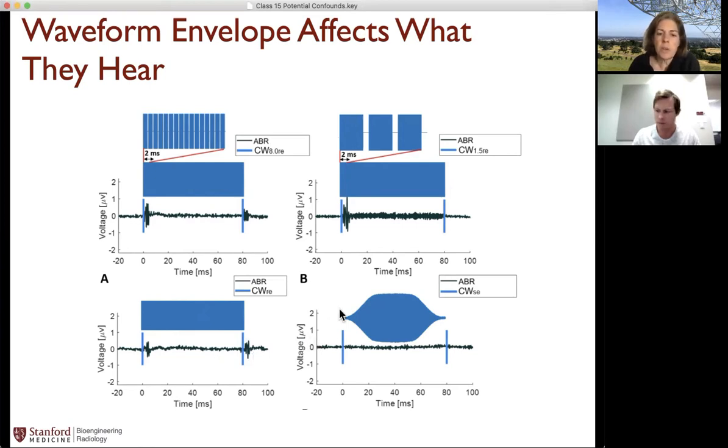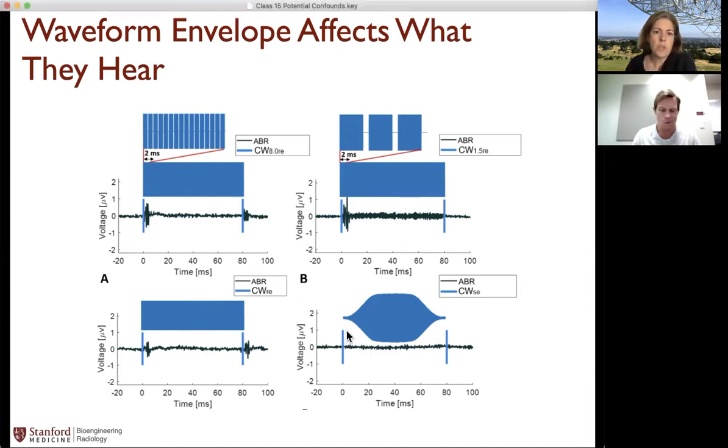We also did an experiment where we intermixed here the continuous wave, but we smoothed out the waveform. So you can see how smooth it is on the on and the off. And what we found was that there wasn't an ABR signal from that waveform. And again, these experiments here now are done in the wild type hearing mice.